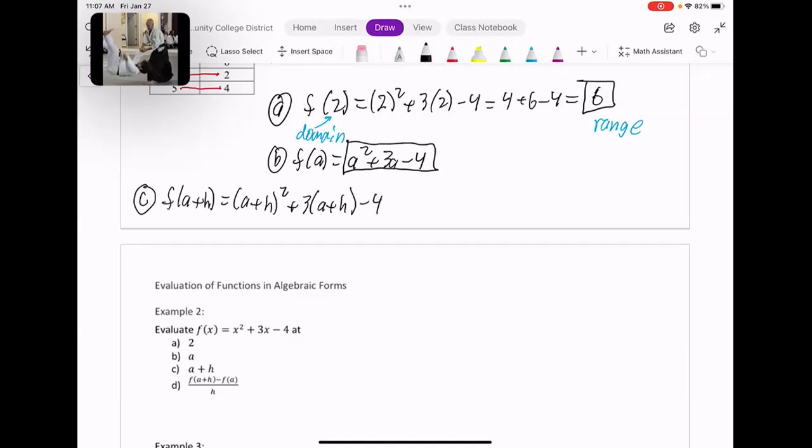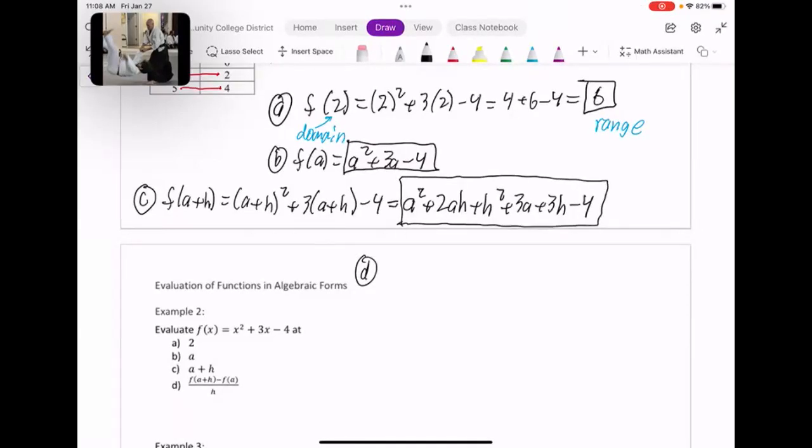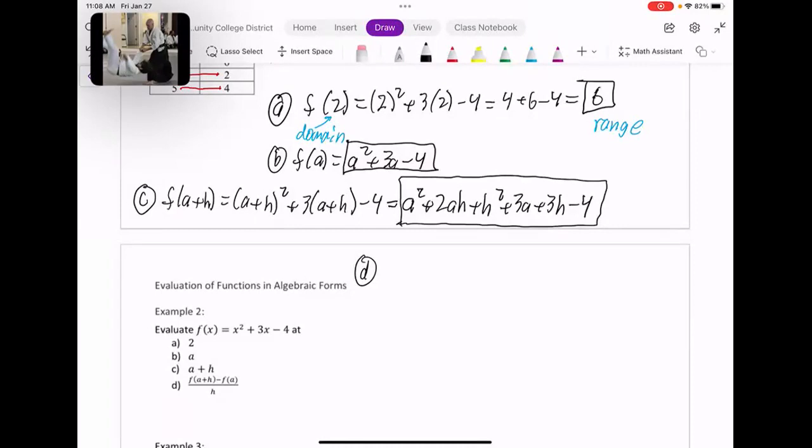Now I'm going to FOIL that first one together. Distribute the 3. Minus 4. Now all of that is the answer, and even all of that I'm going to use for part D. It says find f of a plus h and subtract f of a from that. So that's basically part C minus part B, all over h.